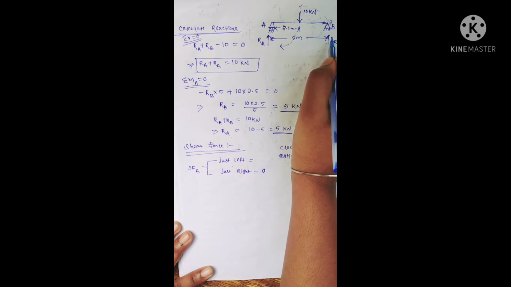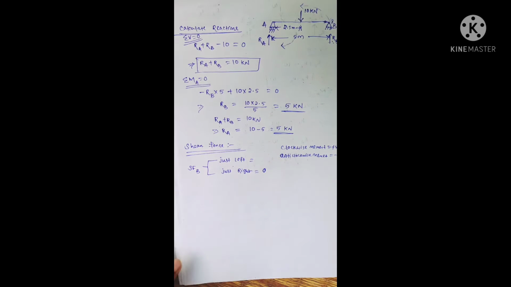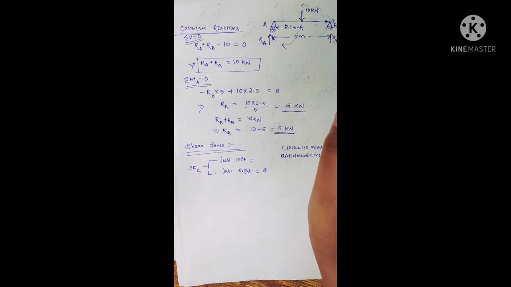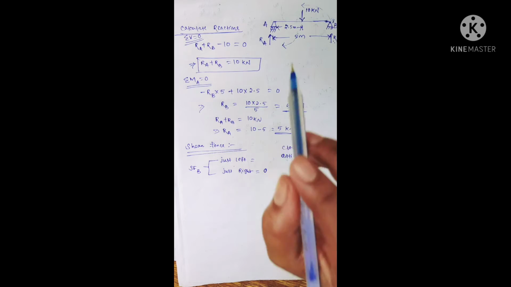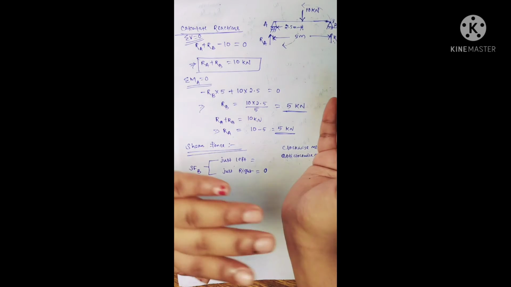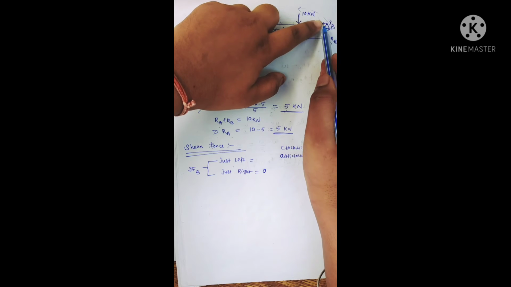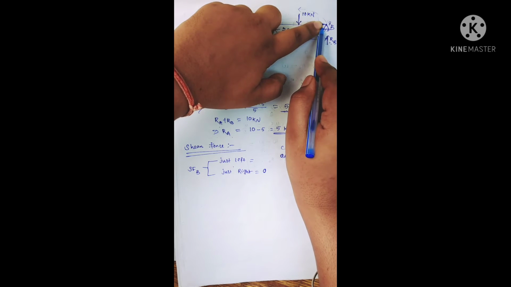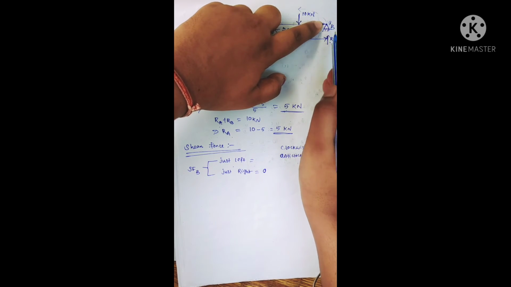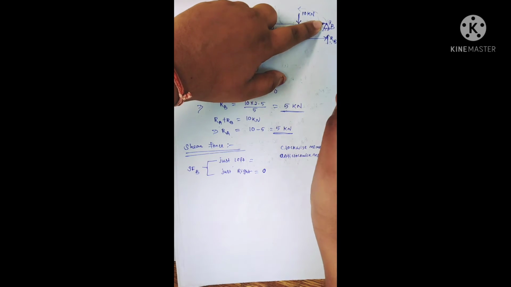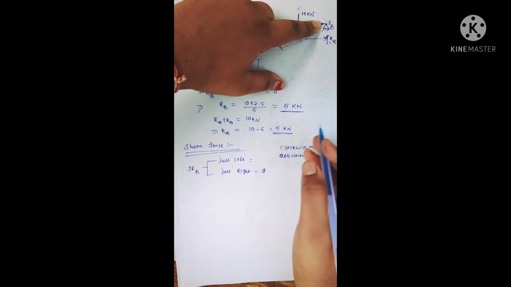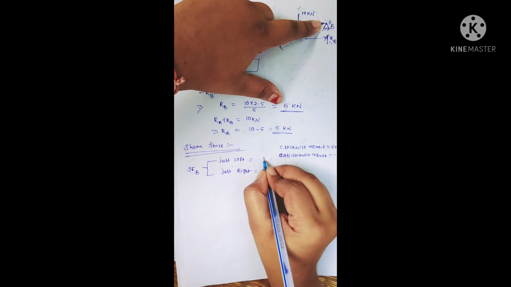According to the definition of shear force, when you calculate shear force, just look at either the left of the section or the right of the section. So if you look at the right of the section, at that point there is only one force acting, that is RB. So it will be RB. What is the value of RB? That is 5.